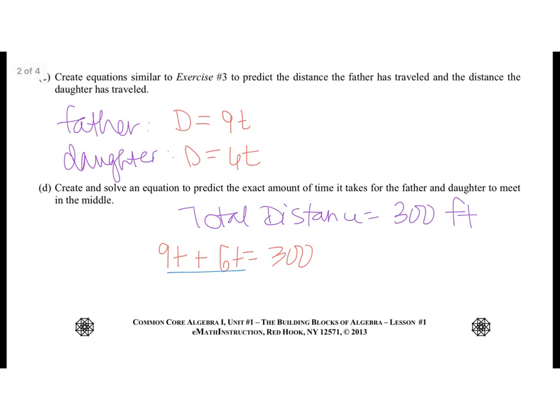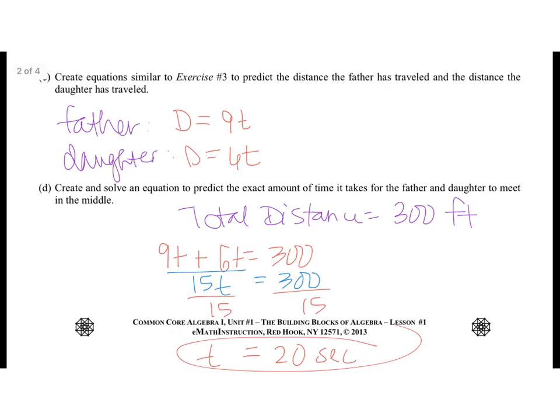The like terms are 9t and 6t. If you combine those, you get 15t equals 300. As a quick review, 15 times t equals 300, so that means 15 divided by 15 is 1. So 1t equals 20, so it takes 20 seconds for them to meet in the middle.